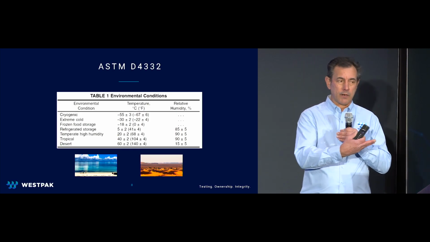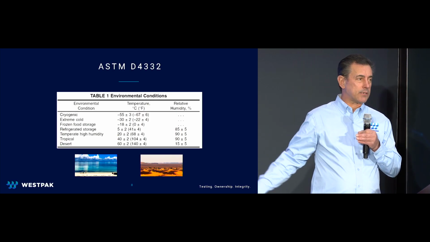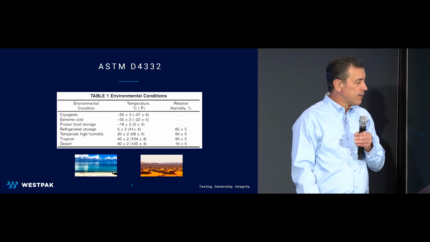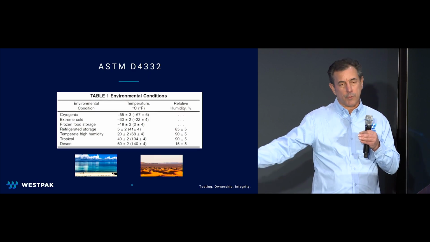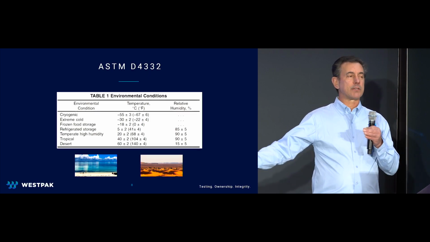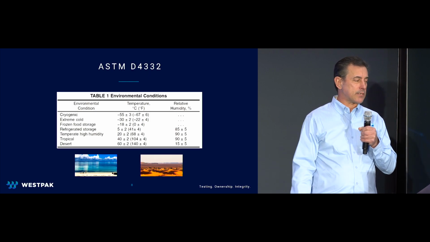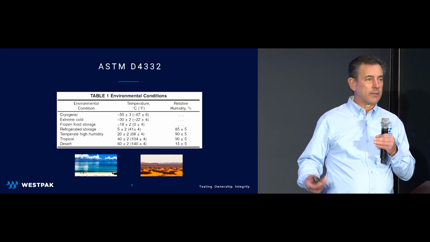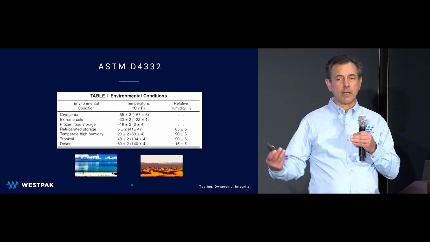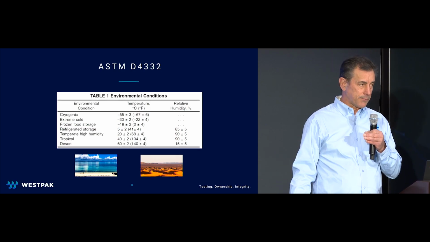And these are 7 common conditions that are used to define an environment, ranging from cryogenic all the way to desert. And we use these all the time. And those are the conditions that we typically see. It's going to be a frozen condition, a hot and humid condition, and typically a desert condition.